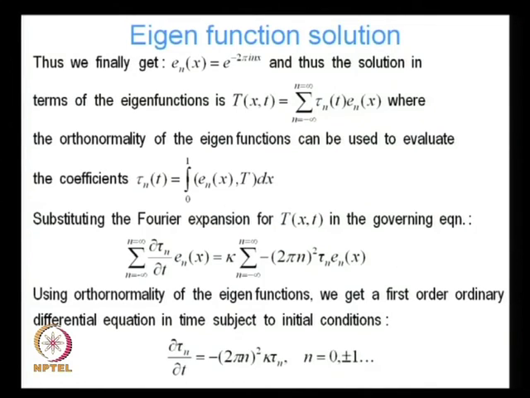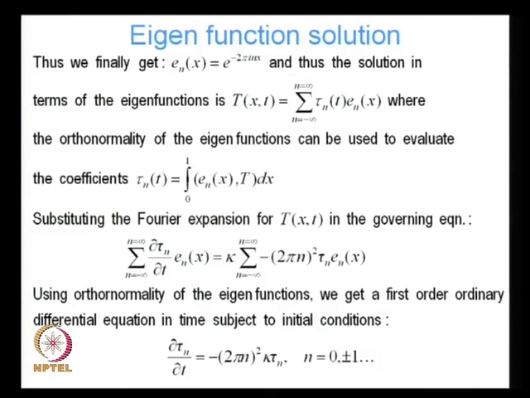So, T(x,t) must be equal to the sum of tau_n(t), which are some coefficients, times my basis functions, which are my eigenfunctions, and I can evaluate these coefficients, which are functions of time, by using the orthonormality of the eigenfunctions.